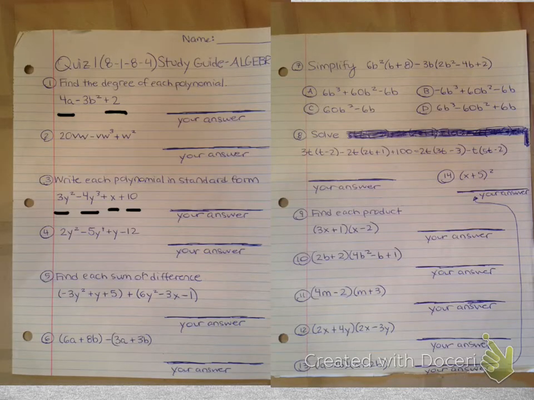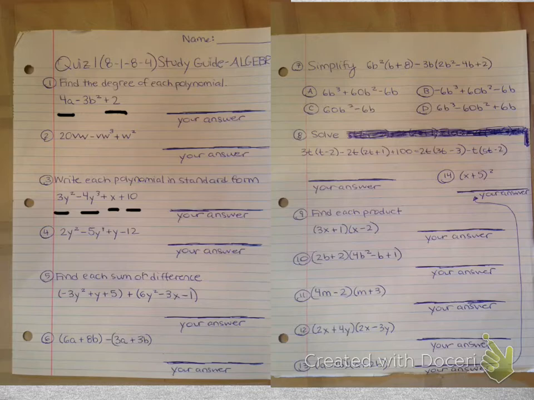For the next two, you're going to either add or subtract. When adding and subtracting, you need to combine like terms, but like terms have to have the same variable and exponent to be combined. If they do not have the same variable and exponent, they cannot be combined.